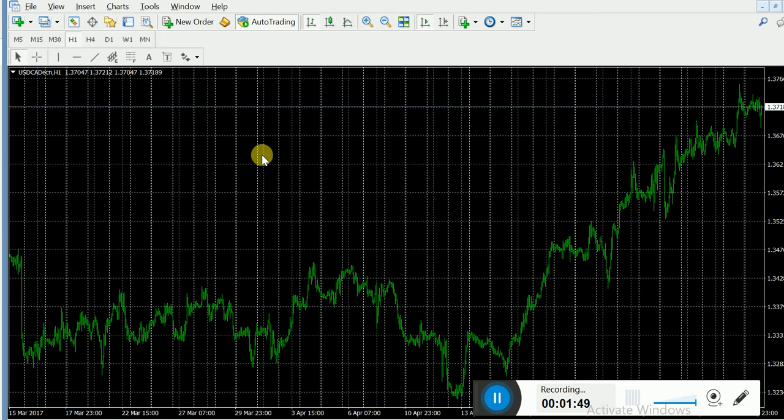Now, all the newcomers are, of course, being trained on fxglory.com. There's also another broker for more advanced users with a moving spread. FX Glory has a fixed spread. If you want to know exactly what a fixed spread is, a fixed spread is pretty much an ask and bid price that never changes.